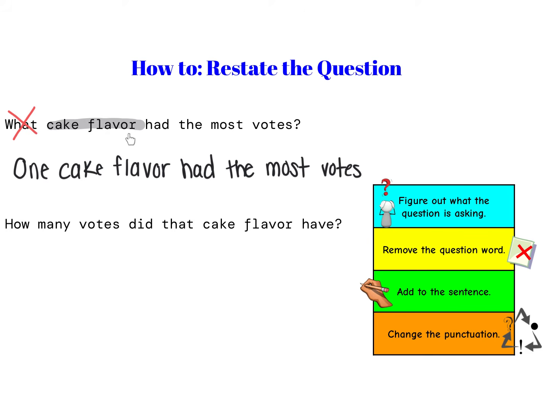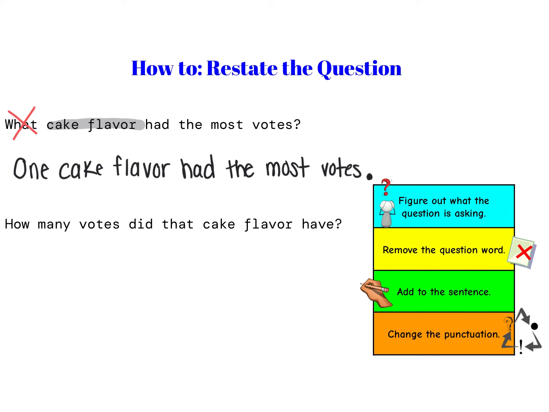In my question, there's a question mark. But now that I'm making this sentence into a statement, I'm going to add a period. My new sentence becomes, one cake flavor had the most votes. This is how you restate the question, what cake flavor had the most votes?